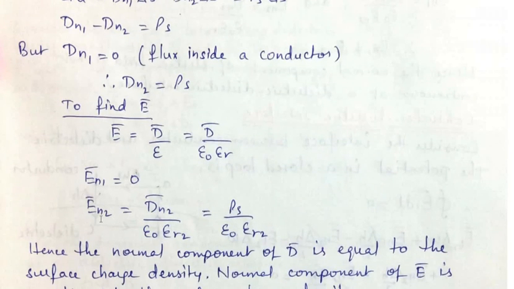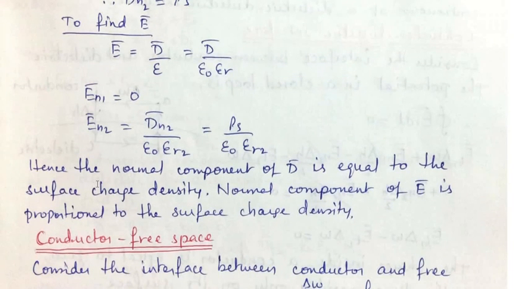So En2 is equal to Dn2 by epsilon naught epsilon R2, but Dn2 we got as rho s, so in place of Dn2 write rho s by epsilon naught epsilon R2. So we can write this in statement form: the normal component of D is equal to the surface charge density, and the normal component of E is proportional to the surface charge density.